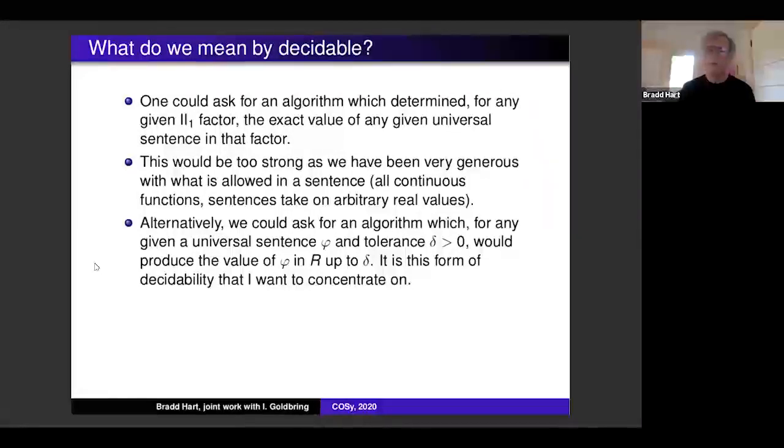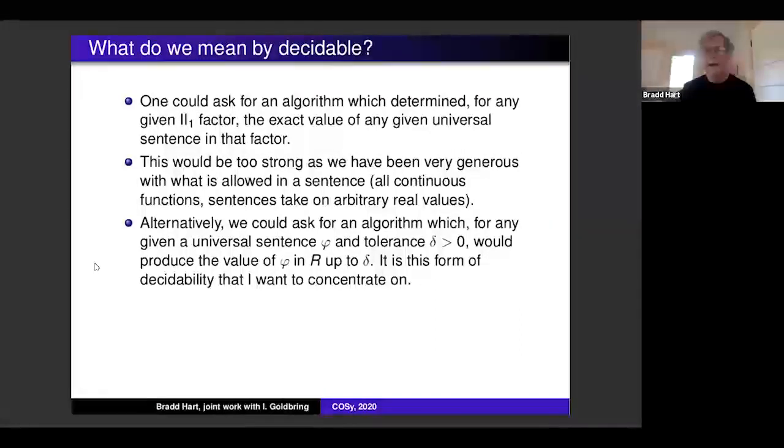Right. So now you can start to believe that at least this is something that falls in the realm of the ordinary discussion of decidability, right? Since I'm approximating the value of a sentence, I don't have to use all continuous functions. I could use polynomials with rational coefficients.